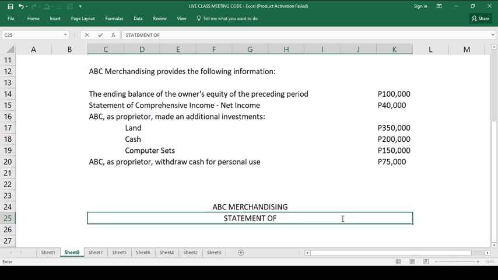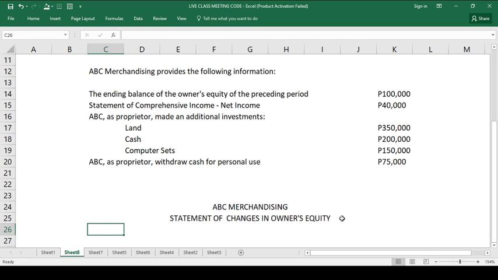Considering this is a sole proprietorship, let's say this is the statement of changes in owner's equity. But if it is a partnership, that is the statement of changes in partners' equity. And if it is a corporation, that would be the statement of changes in shareholders' equity.